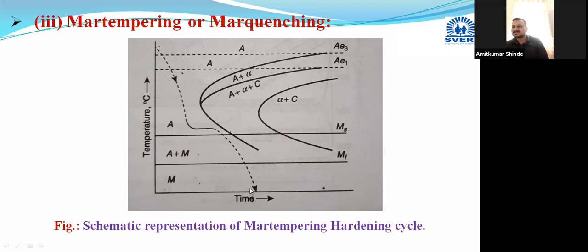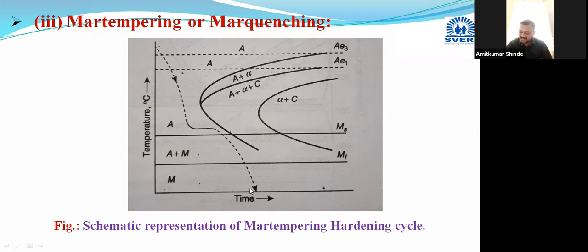Hence at room temperature very few internal stresses will be there, and formation of cracks or distortion will be very less. This is the advantage of this martempering method, and we can use it for high carbon steels or some alloy steels. This martempering can be used.